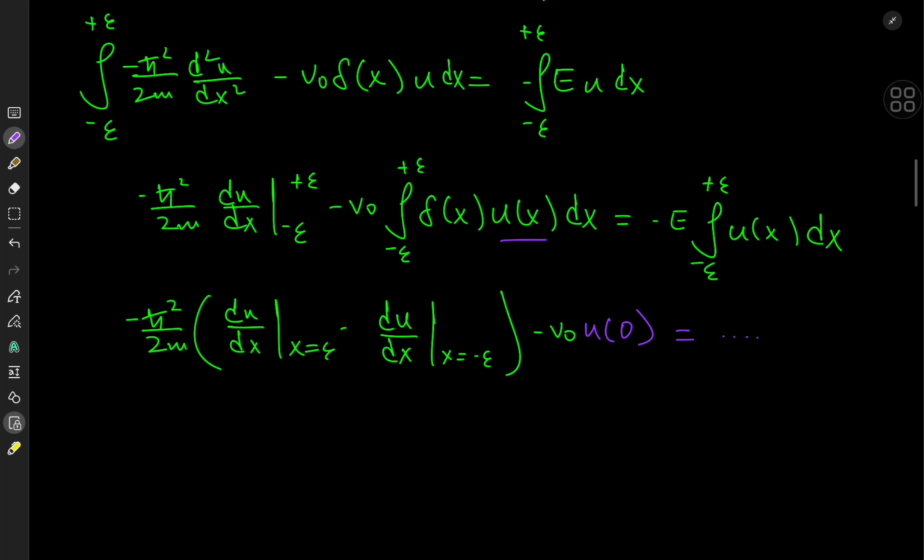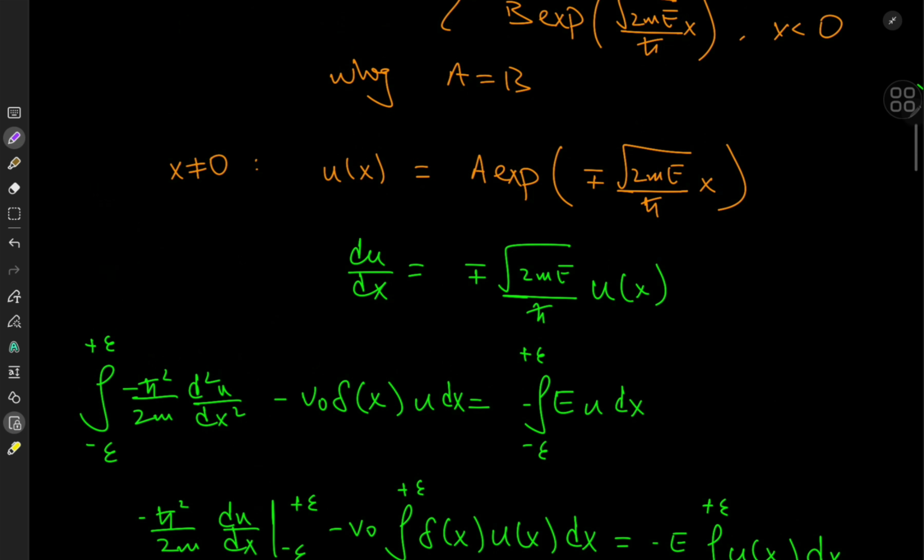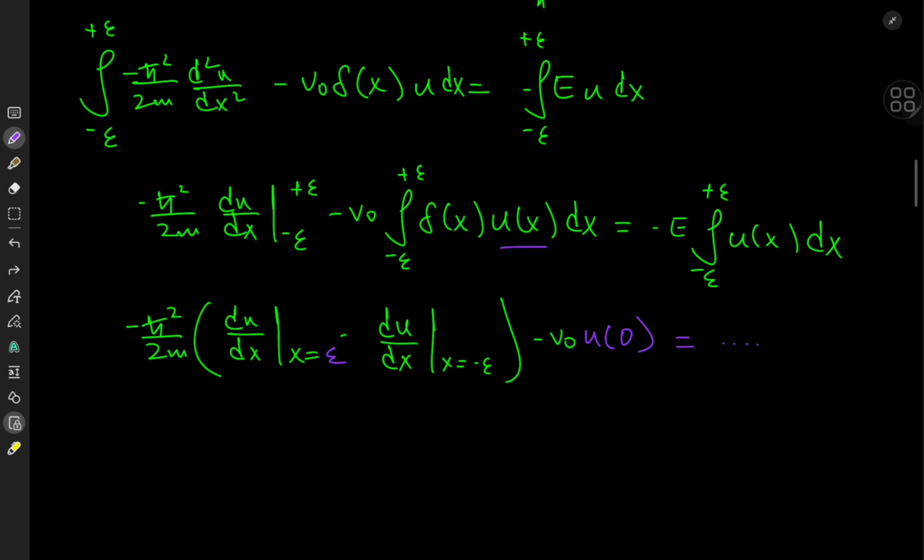Now, the derivative was defined in a piecewise manner, and recall that epsilon here is a positive real number. So we'll recall the definition of the derivative here. For a positive x, we have a negative sign, and for a negative x, we have the positive sign, so that's good.